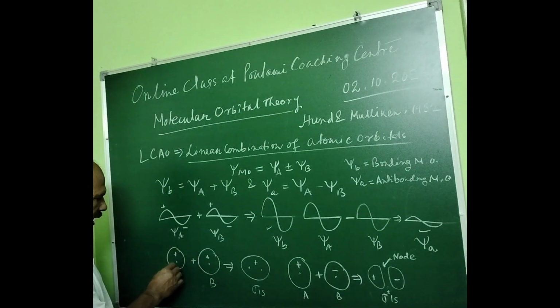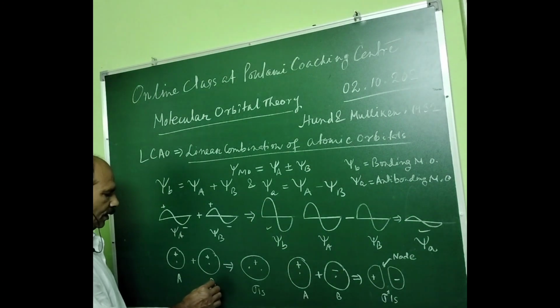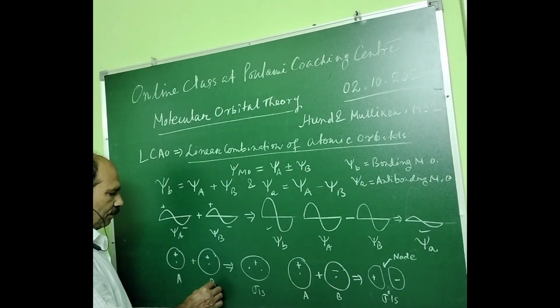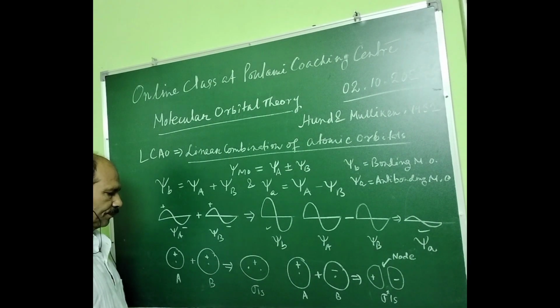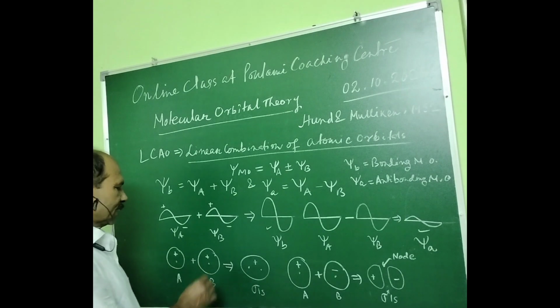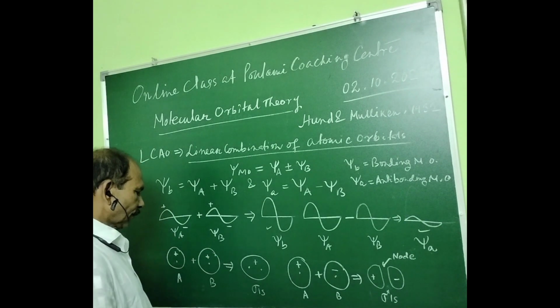Look at the atomic orbital A, represented by this picture. This plus sign means positive phase. For atom B, there is also a plus sign. The plus sign represents the symmetry of the orbital.